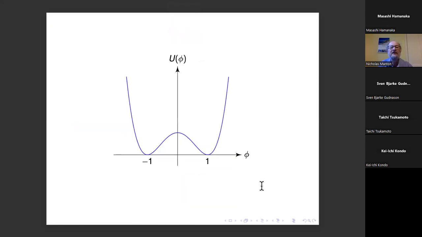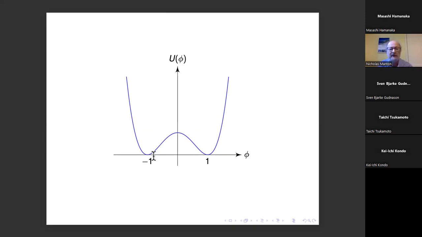I've got some pictures now. This is the potential that we started with, this quartic potential with 2 minima, and they're both double zeros. So that's why you get this quadratic behavior. U doesn't become negative. Also important to get the kink connecting -1 to 1 is that u is positive between these zeros, because one takes the square root of u, so that itself is real, positive or negative.